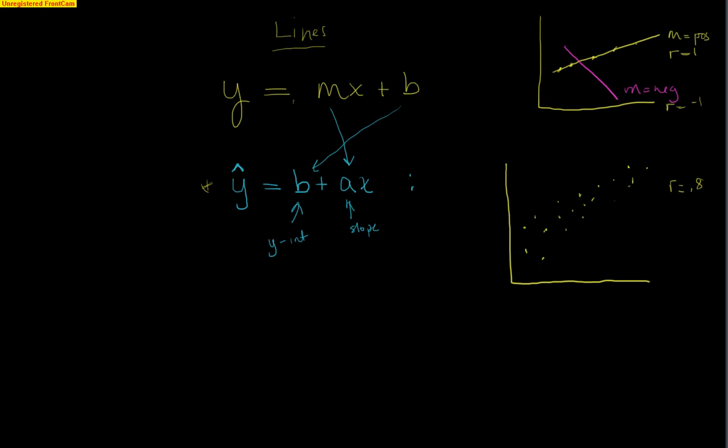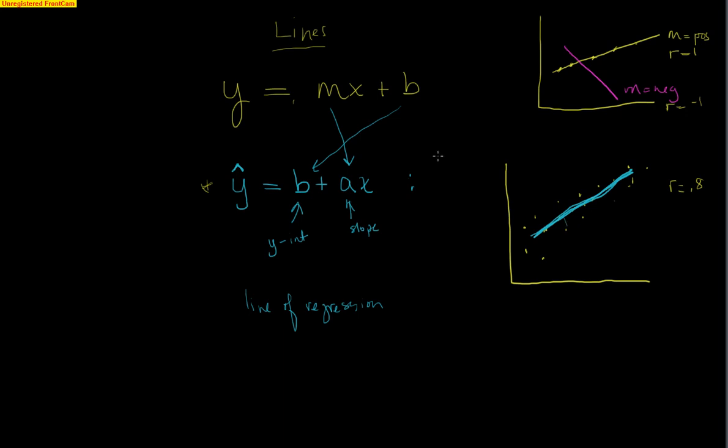What this formula is, is what we call the line of regression. And we have a formula for getting to it. Another way of thinking of it is a line of best fit. What is the closest line that is sort of representative of all these data points?